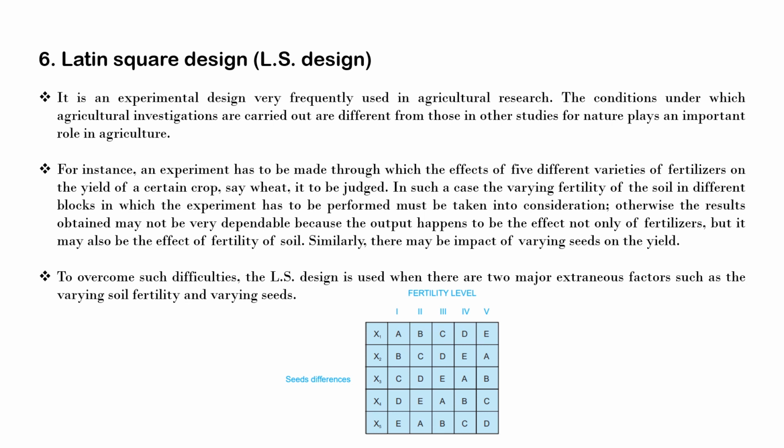This blocking type of design helps us to avoid all the variables, and the merit of this design is that it enables the differences in fertility gradients in the field to be eliminated in comparison to the effects of different varieties of fertilizers on the yield of the crop.